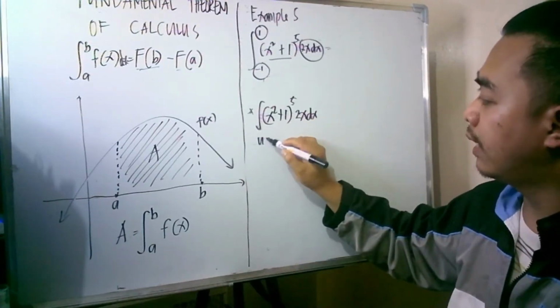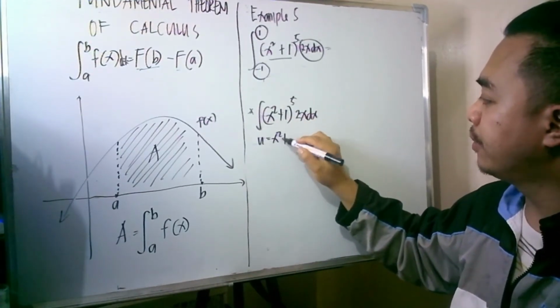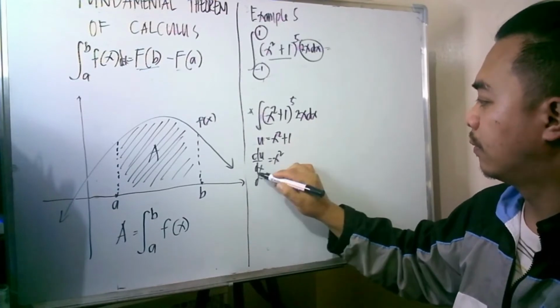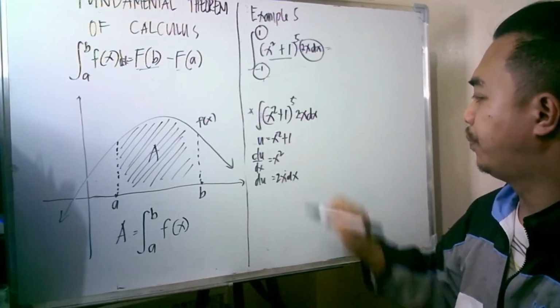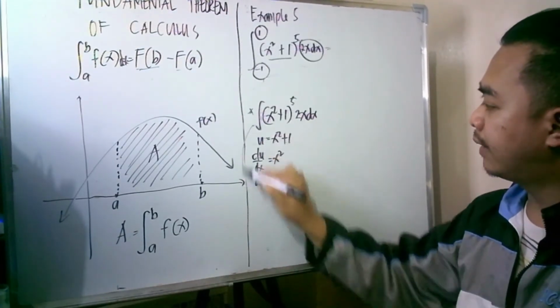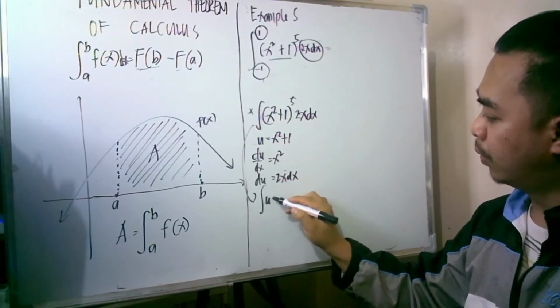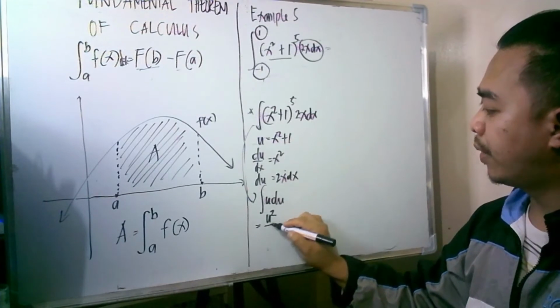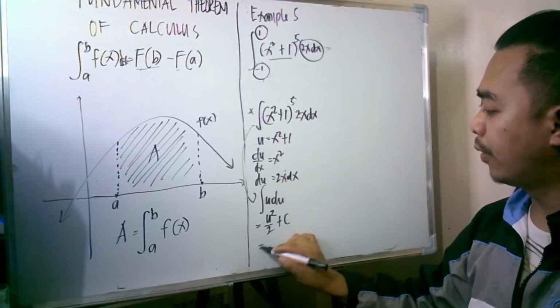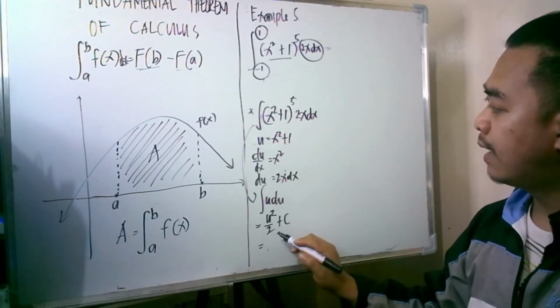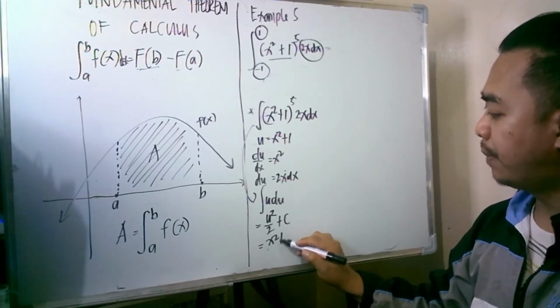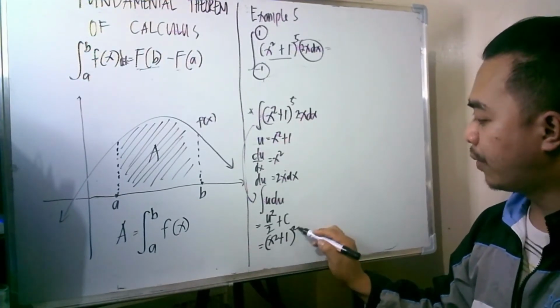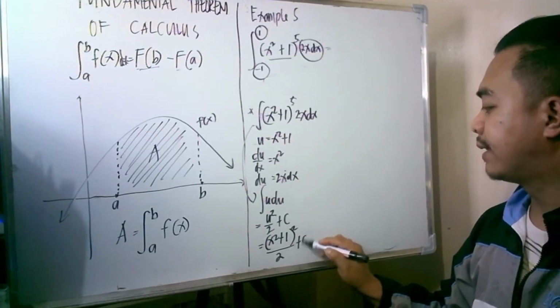And ang gagawin natin, yung ginawa natin kanina na substitution. So, this becomes u du. So, ang sagot natin dito ay u squared over 2 plus c. Or, going back to the original variable, ang sagot natin ngayon ay x squared plus 1 quantity squared all over 2 plus c.